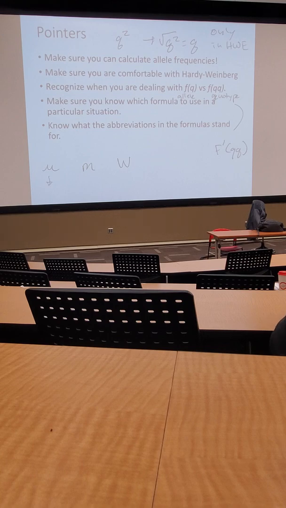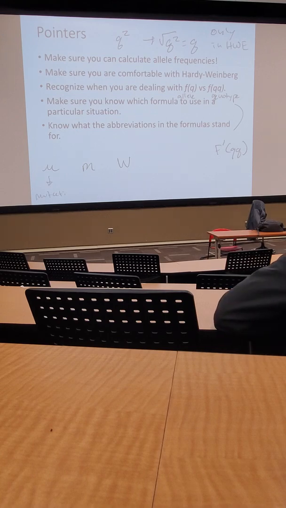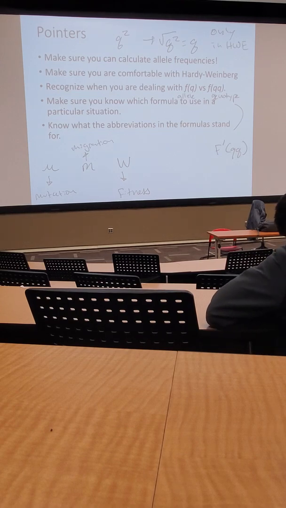Mutation with mu, migration with M, and fitness with W. If the question is asking you about fitness, look for equations that have a W in it. If the question is asking you about migration, look for equations that have an M in it. So that's kind of combining the last 2 ones. Make sure you know how to use these formulas. Make sure you know the abbreviations. You only need to know really those.